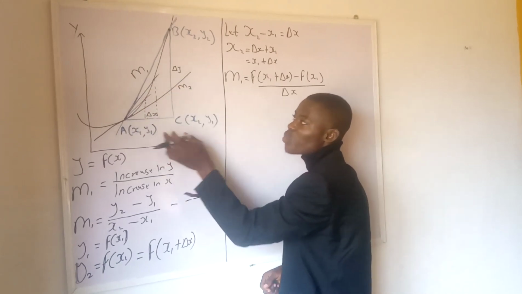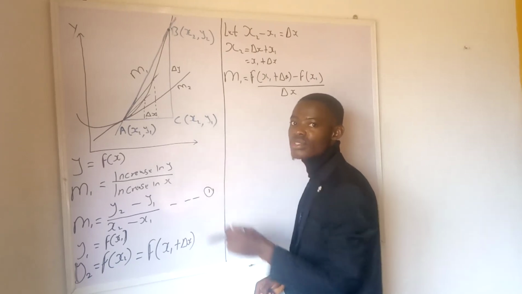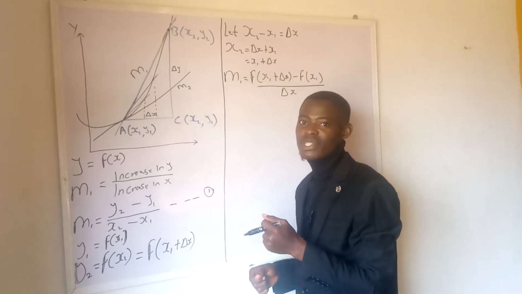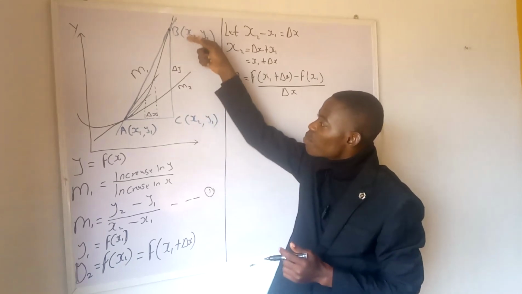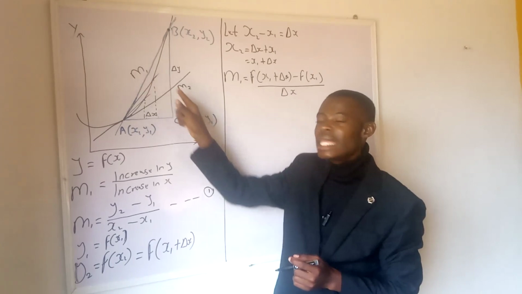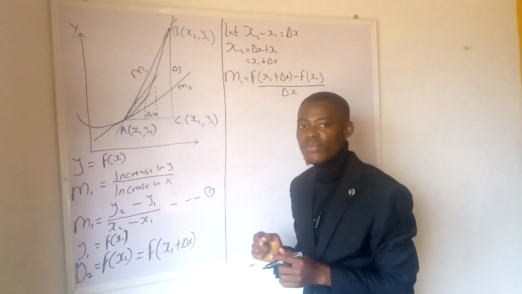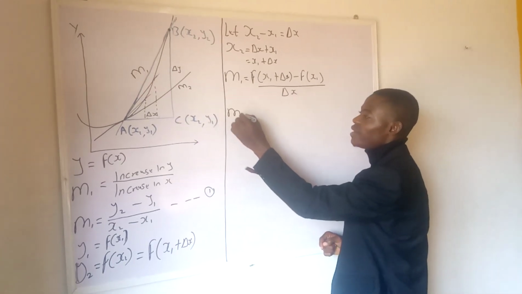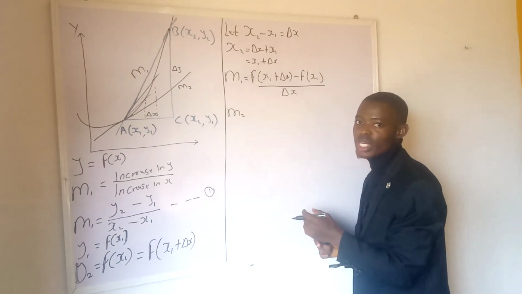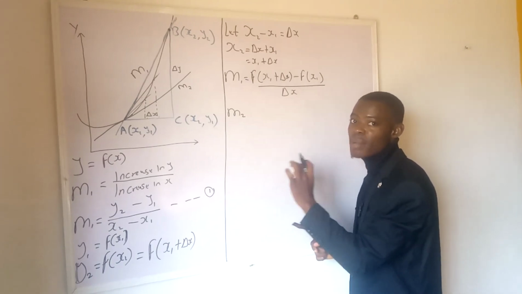And in fact, when B is almost at A, the secant line becomes the tangent line, and therefore they have the same slope. So as B is moving closer to A, then M1 will be tending to M2, and therefore M2 is said to be the limiting value of M1 as B is moving closer to A, or as delta x is approaching 0.